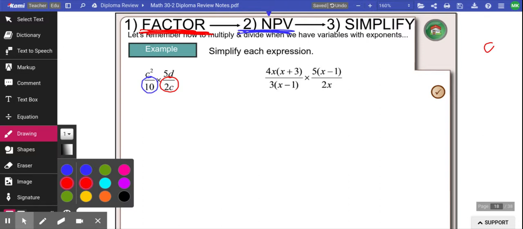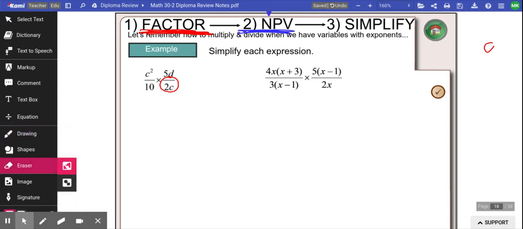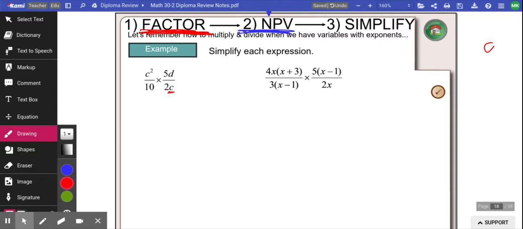The blue one that I've highlighted is divide by 10. There's no letter there, so there's no way I could make 10 equal 0. The red one that I've highlighted is 2 times c. There is a possibility that I could make that equal 0. What value of c would make that 0? Close.